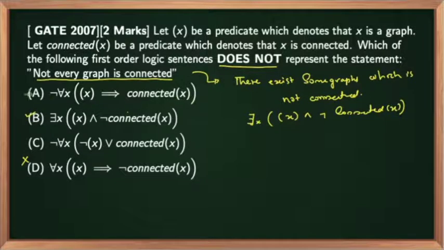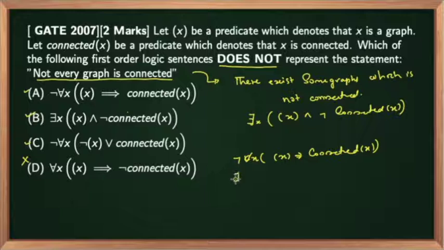Now if you see choices A and C, I have the answers in universal quantifier, right? So let me write what A is. A says not for all x, graph of x implies connected of x. We know that it is true, right? It is not the case that all graphs are connected. Anyway, let's take the negation inside.